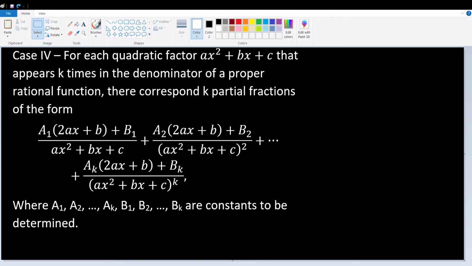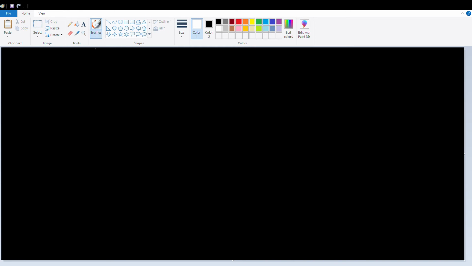Alright? So let us have an example. We evaluate the integral of x cubed minus x plus 1 all over x times x squared plus 1 squared quantity dx.